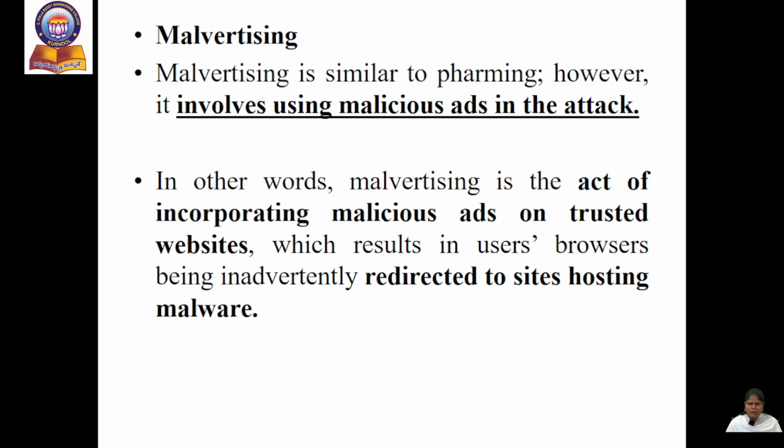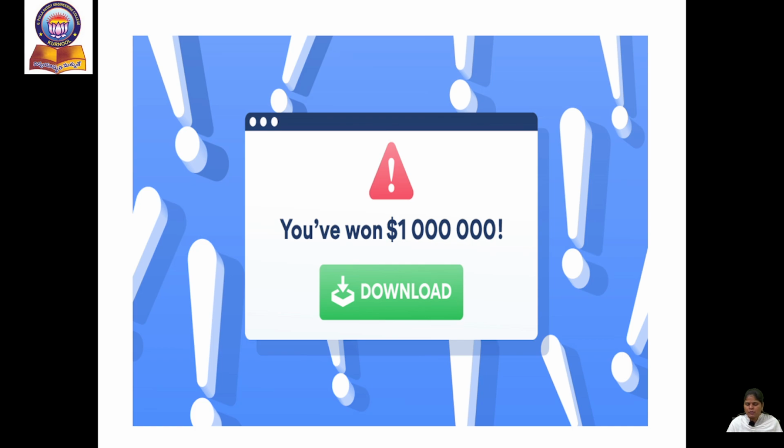Here he will inject malicious ads mainly to attract the victim, and if the victim clicks on the particular ad, they will be redirected to sites hosting malware. So this is an example. You want some amount, so when you click download, automatically what happens? It redirects to a website containing some malware.